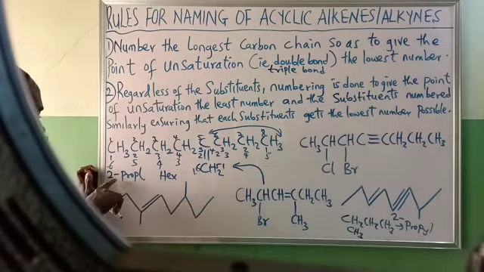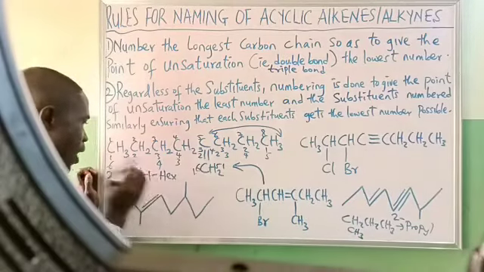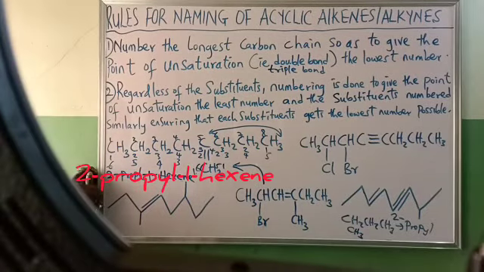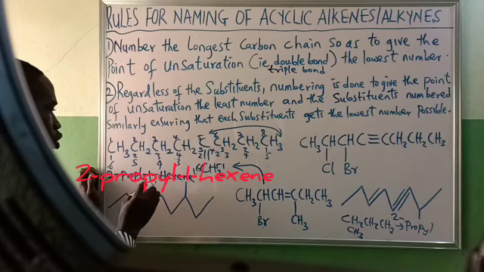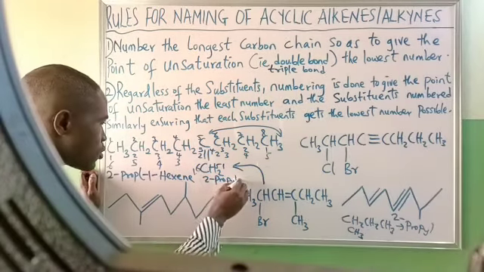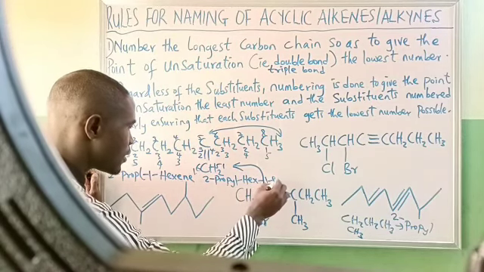Which carbon carries the double bond? Carbon 1. So it is 2-propyl-1-hexene, or you call it 2-propylhex-1-ene.